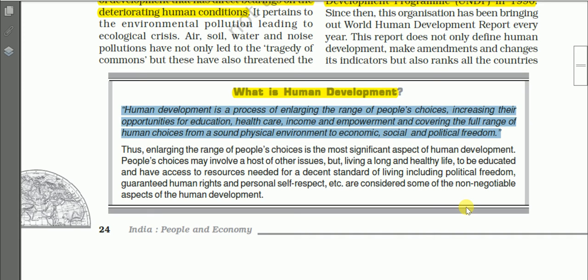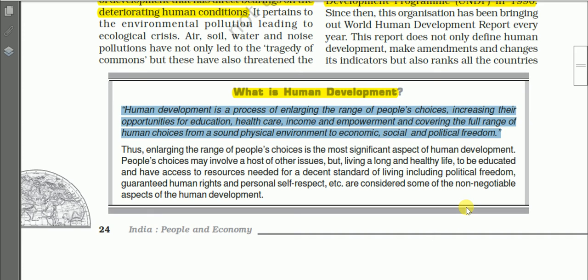Human development is a process of enlarging the range of people's choices, increasing their opportunities for education, healthcare, income, and empowerment, and covering the full range of human choices from a sound physical environment to economic, social, and political freedom.